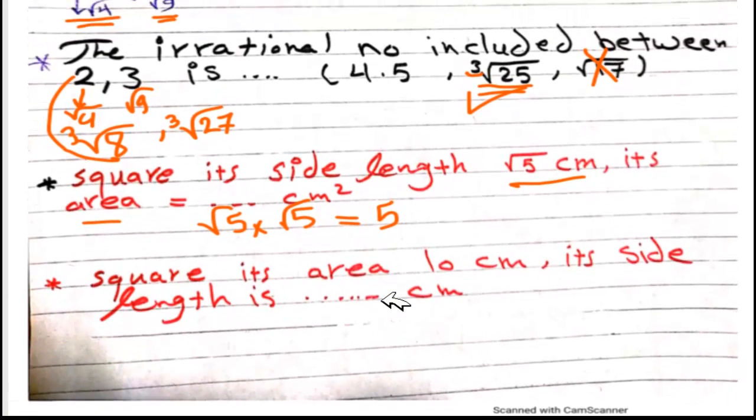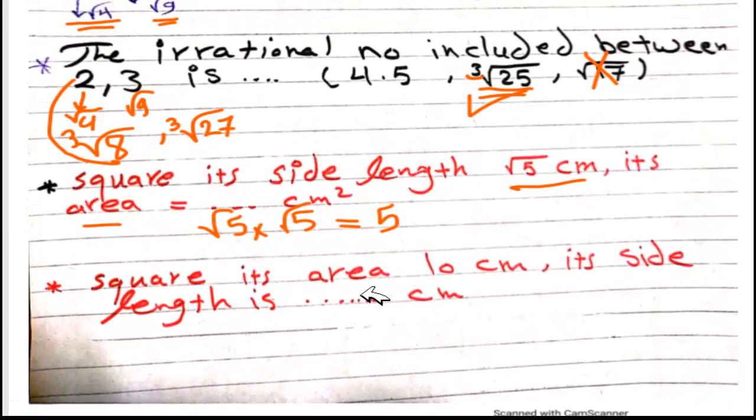Now you have a square. Its area is 10. He gave you the area. Its side length equals how many? The vice versa, the opposite of the previous one. So I have to take the square root of the area.